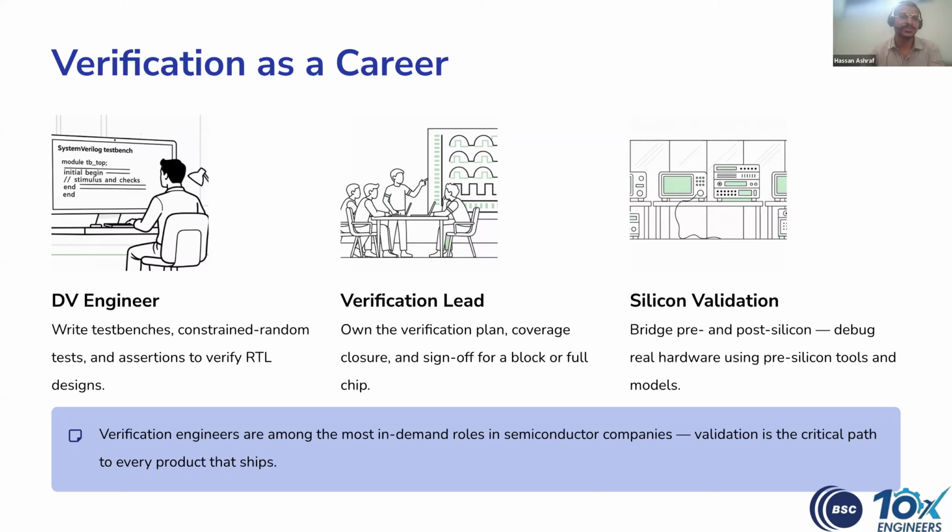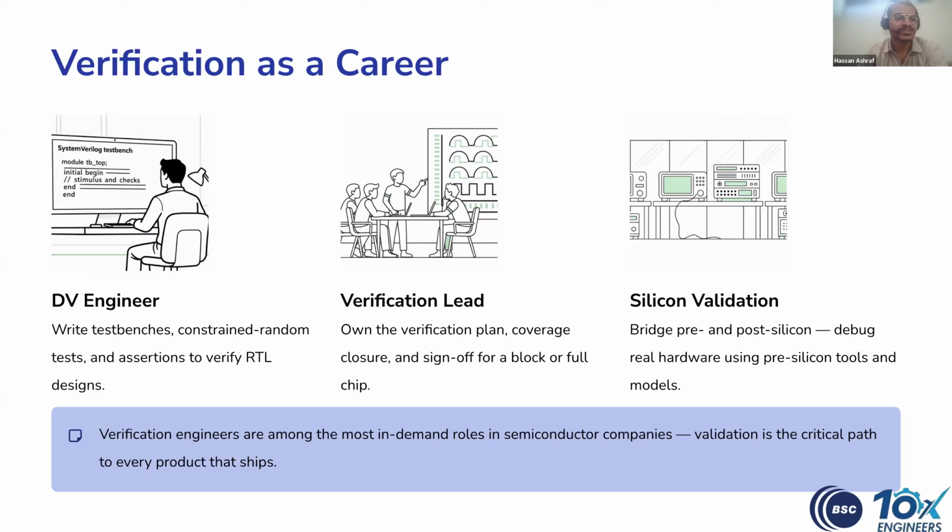They may vary from company to company, but these are the high level roles. At the very start of your career, you start as a DV engineer, and you start learning the verification domain. You write test plans, and you get yourself introduced to all the methodologies that we just discussed: the constrained random, the assertions, the formal verification.